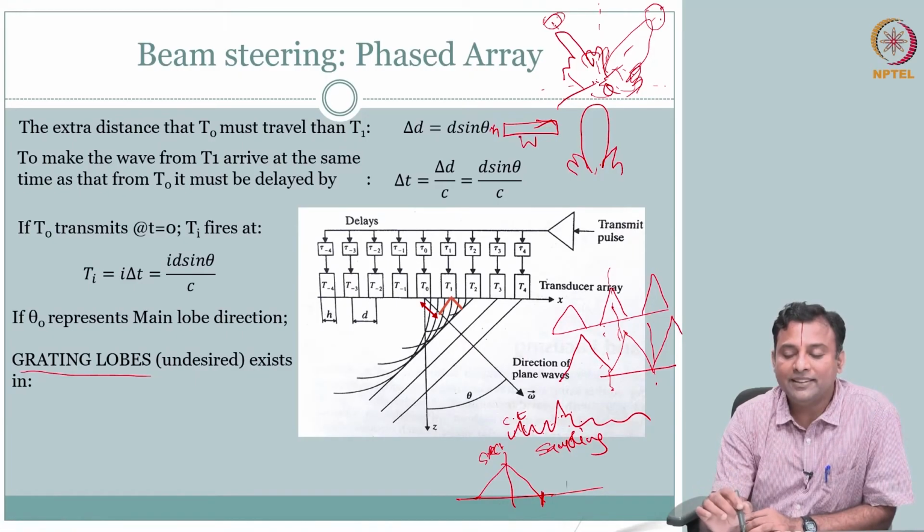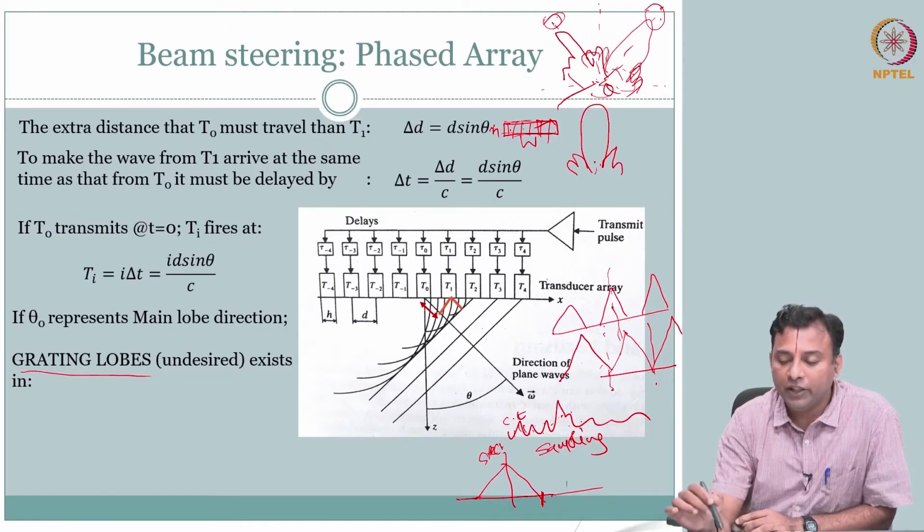Now, this single piezoelectric crystal is spatially sampled, right. That means I have different crystals, each sampled. So this is a spatially sampled crystal, clear. So instead of one crystal for which you get a pattern like a main lobe and side lobe, now I have sampled it, I have picked different spatial locations.